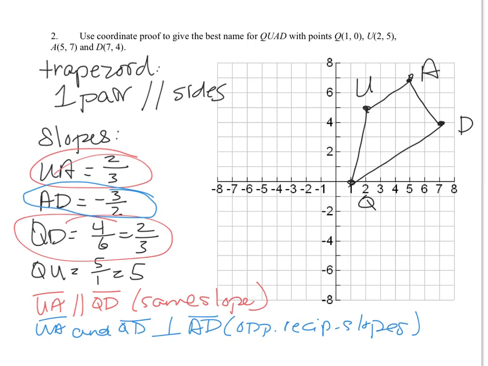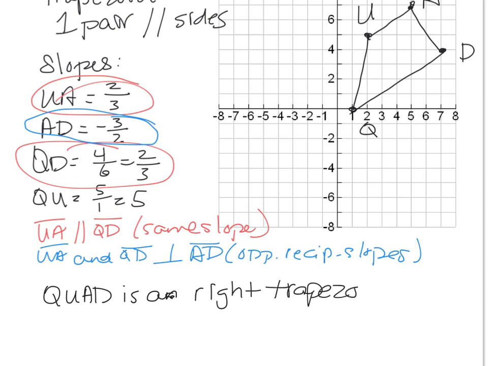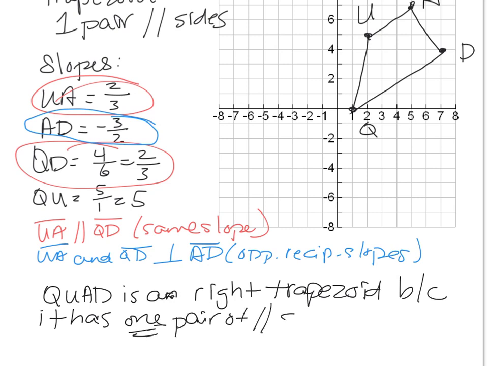An isosceles trapezoid wouldn't have a right angle. So our concluding statement is: quad QUAD is a right trapezoid because it has one pair of parallel sides and a right angle.